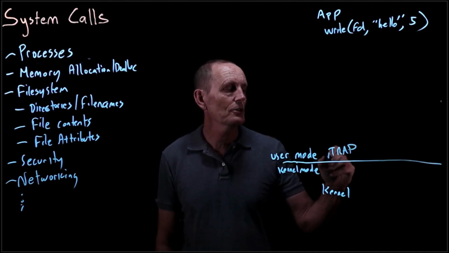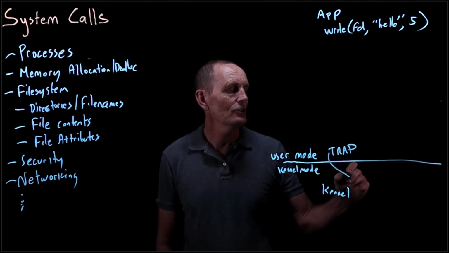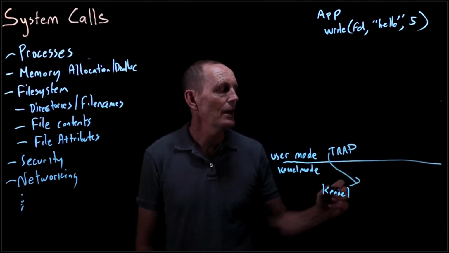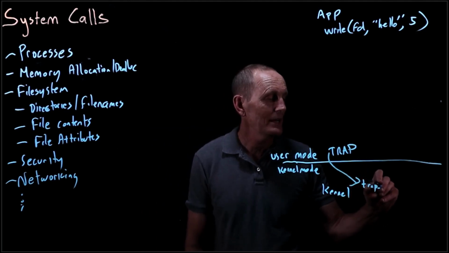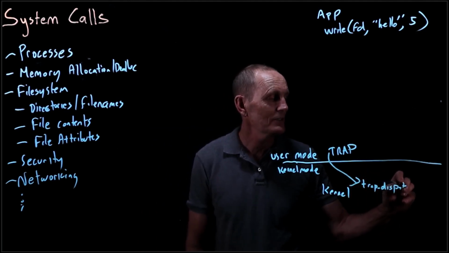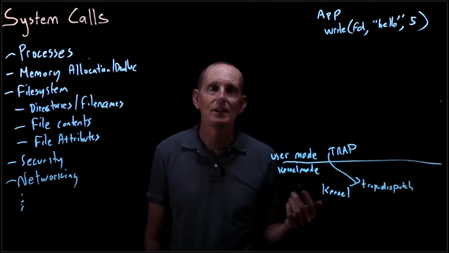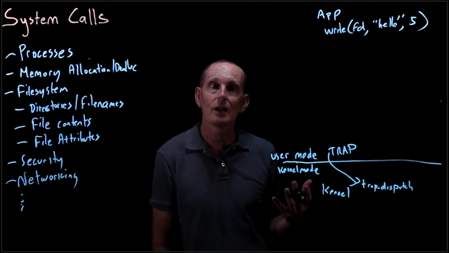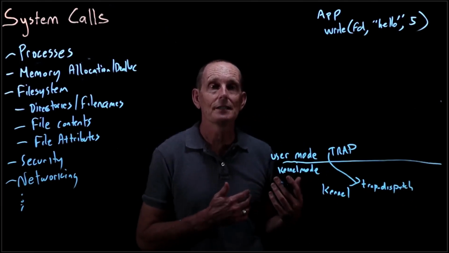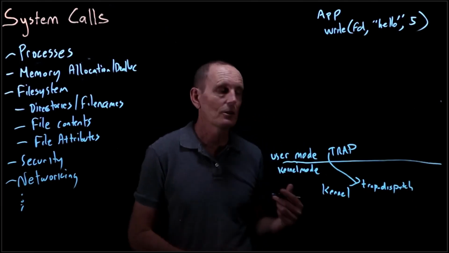It's going to switch from user mode to kernel mode, and it's going to go into the kernel at some specified location. Not randomly, but into some specified location. Let's say in this kernel it's set up so it goes to a trap dispatcher. The trap dispatcher looks and says, okay, what kind of a system call is this? And then dispatches it appropriately.